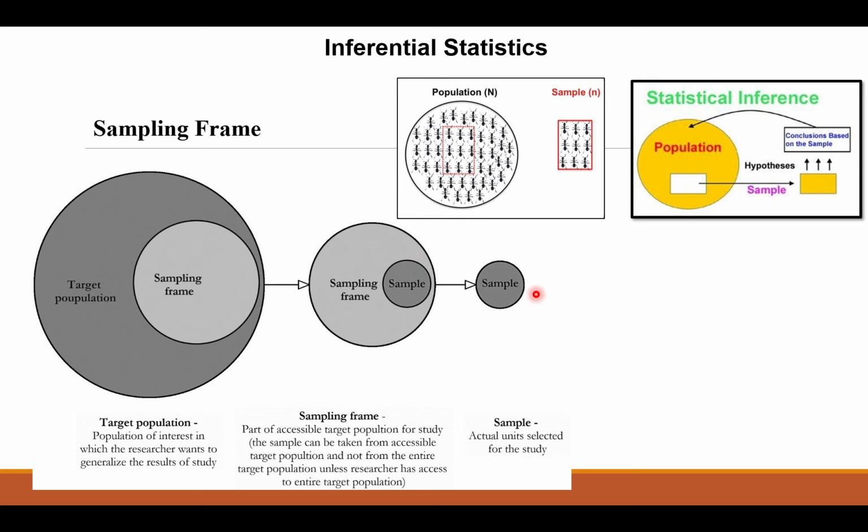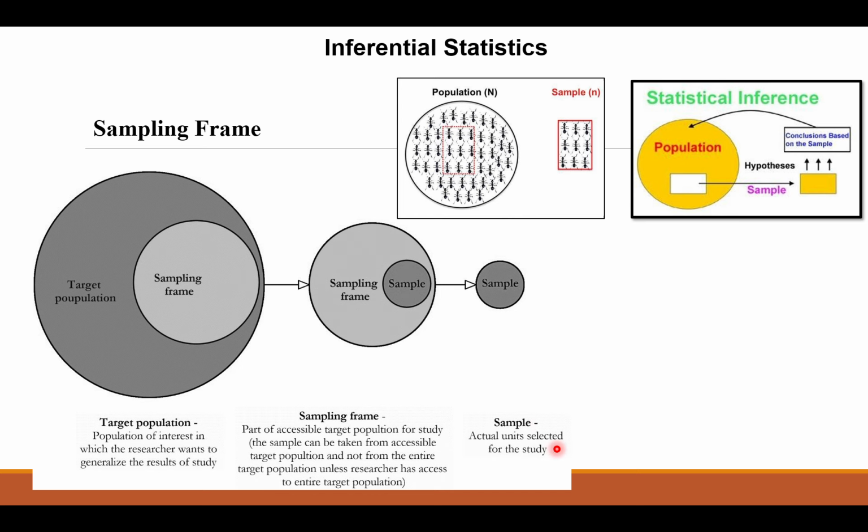So these are the inferential statistics where, from the target population, we are taking a sampling frame. From the sampling frame we are selecting some samples as units. The target population is the population of interest to which the researcher wants to generalize the results of the study. And the sampling frame is a part of the accessible target population for the study.